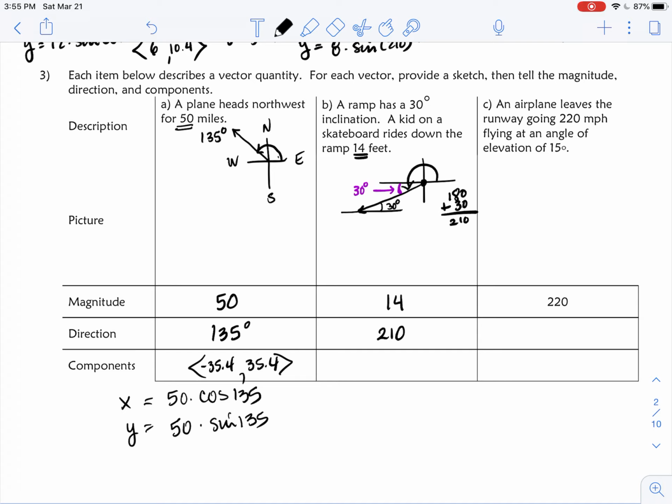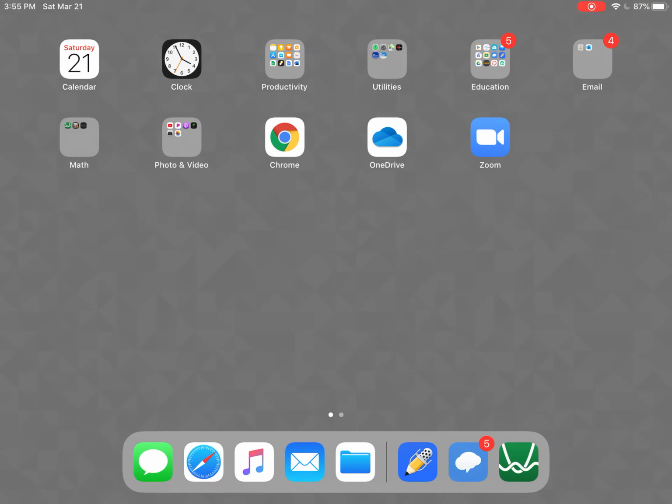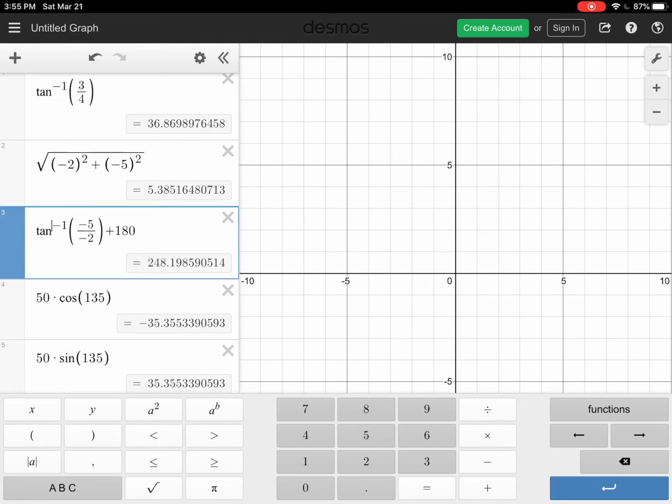All right, let's find our components. Magnitude times cosine of the rotation angle, and magnitude times sine of the rotation angle. 14 cosine 210 and 14 sine 210.